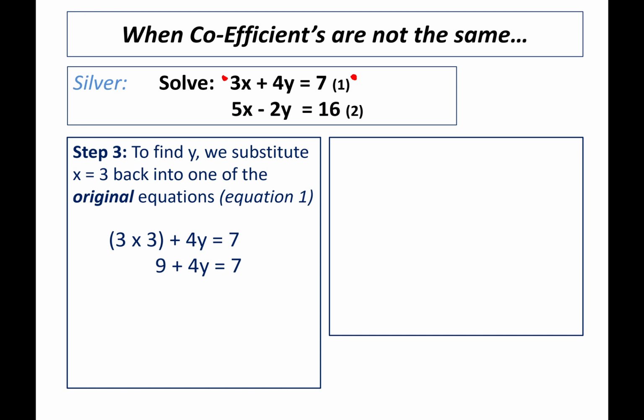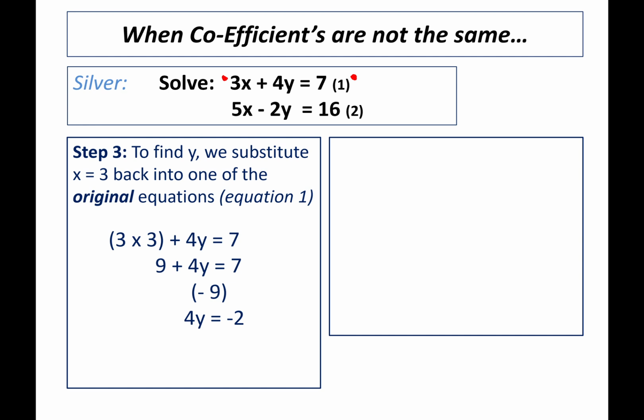To move the numbers across the equal sign, you will do the opposite. So if it's plus 9 on the left-hand side, we take away 9 on the right-hand side. This leaves me with 4y is equal to 7 minus 9. So 4y is equal to minus 2.